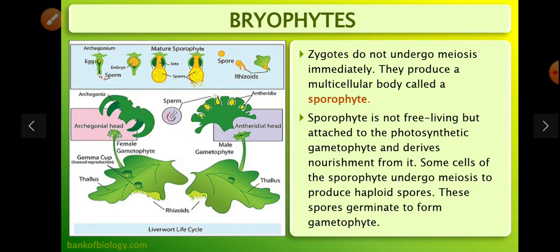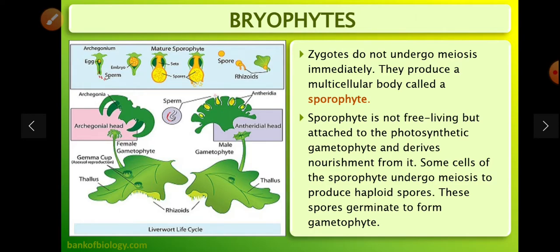It produces a multicellular body called a sporophyte. Sporophyte is not free living but attached to the photosynthetic gametophyte and derives nourishment from it. Some cells of the sporophyte undergo meiosis to produce haploid spores. This spore germinates to form a gametophyte.